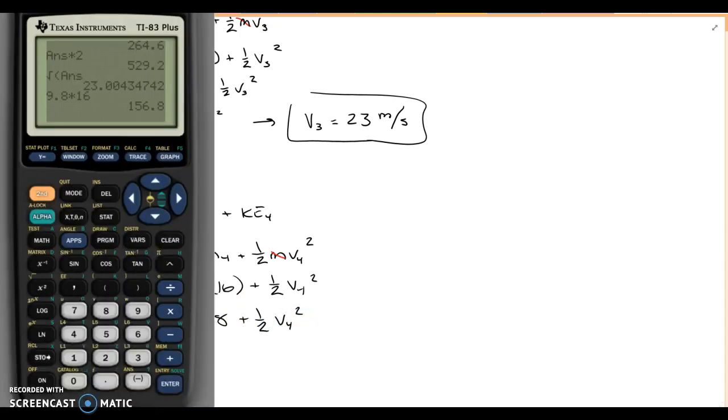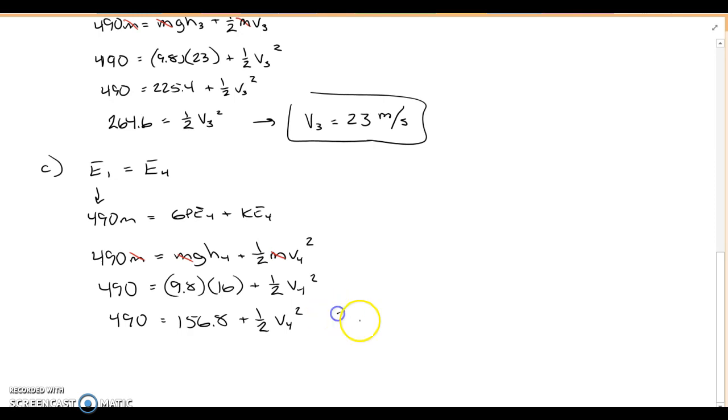So I'm going to subtract that from 490. Going to multiply that answer times 2, and then take the square root of that answer, and I get a velocity of 25.8 meters per second for v4.